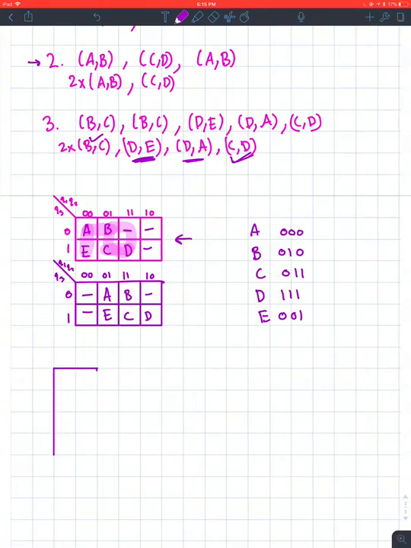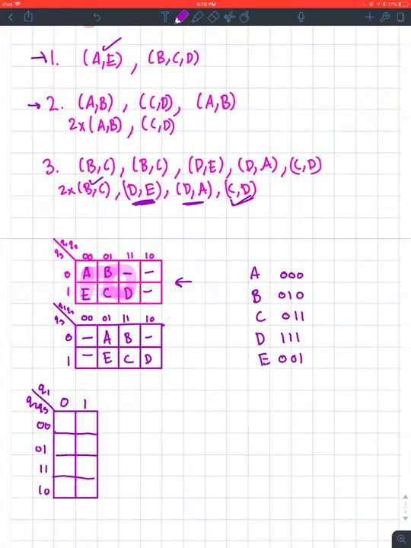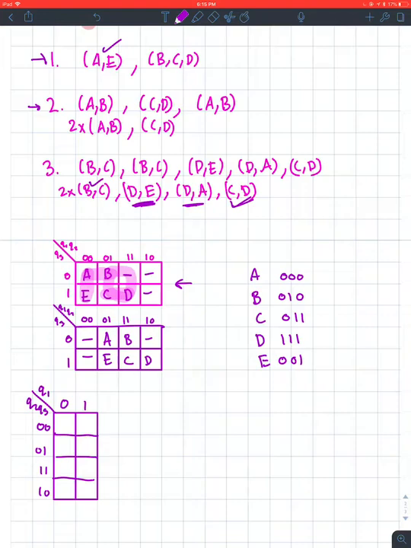You can also draw your K-map like this. Sometimes you might get better results doing it this way, where this is your 0, 1, that'll be your Q1, then you have Q2 and Q3 right here, and then 0, 0, 0, 1, 1, 1, 1, 0 here. And then you just put in the letters. For example, I'm just doing this randomly.